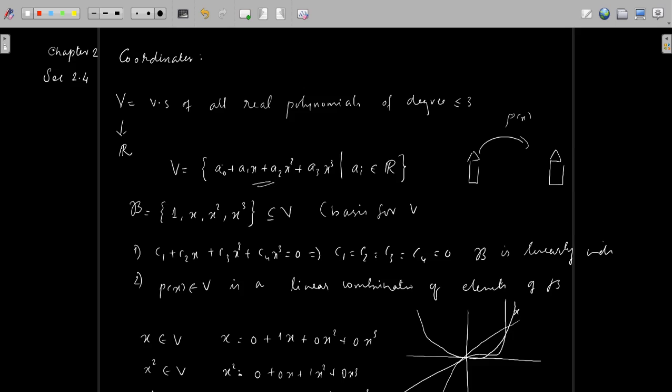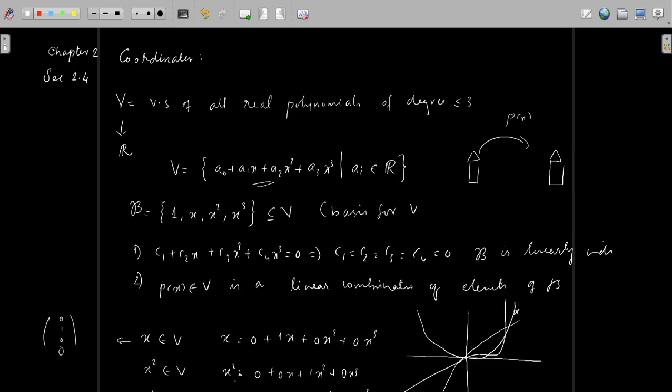In order to decode the polynomial, it is enough to get these coefficients a0, a1, a2, etc. So if this is the polynomial, we represent this polynomial as 0, 1, 0, 0. Only this much information is enough to identify such x.